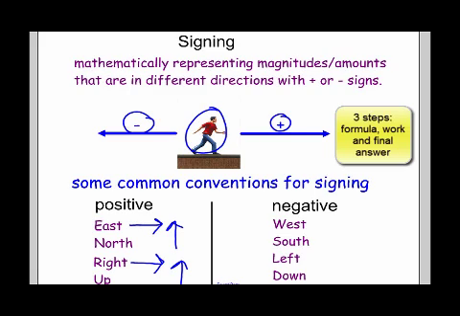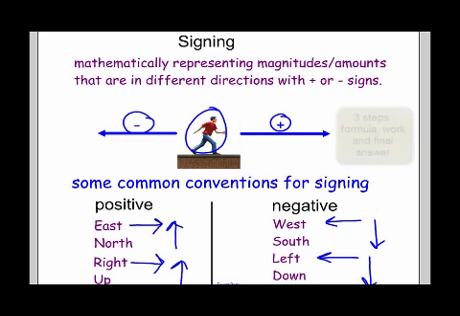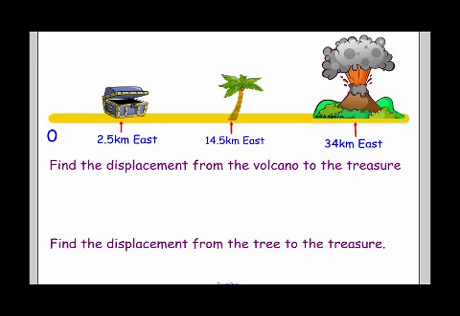Negative ones, just the opposite. So anything going west, south, left, or down. Oftentimes in physics, those will be our negative. It's kind of hard to wrap your mind around, but we use positives and negatives to tell us the directions. So let's try one of these, hopefully to incorporate some positives and negatives.